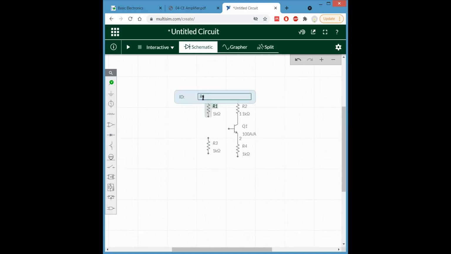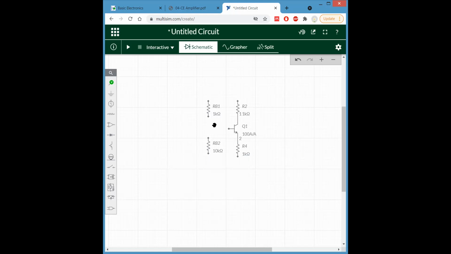This is RB1, base resistance 1, and instead of R3 we can write RB2, base resistance 2, and the value we can put here too.